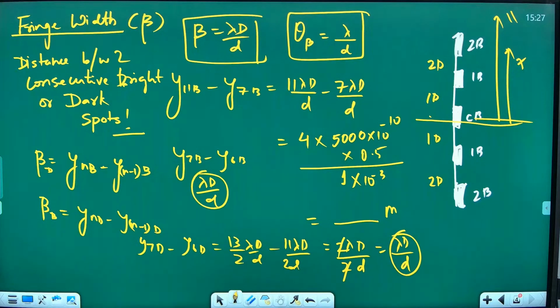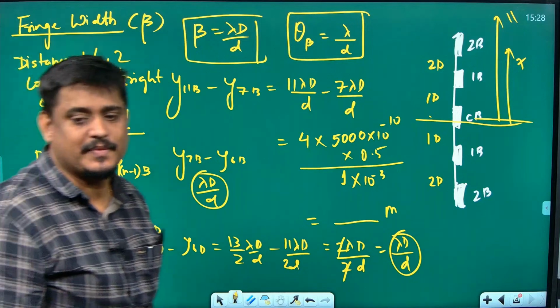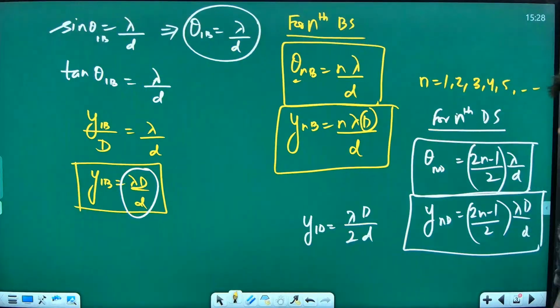Any answer? Think for a while. Dark fringe formula: (2n minus 1) by 2 into lambda D by d.